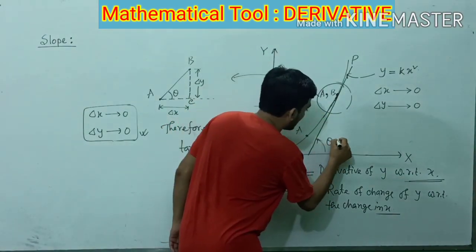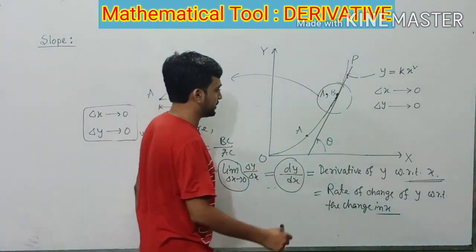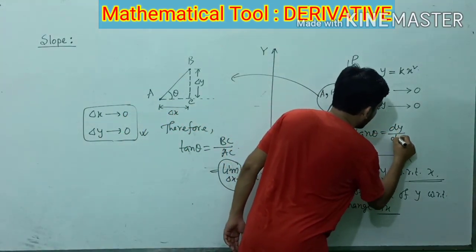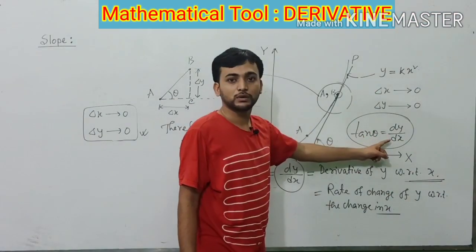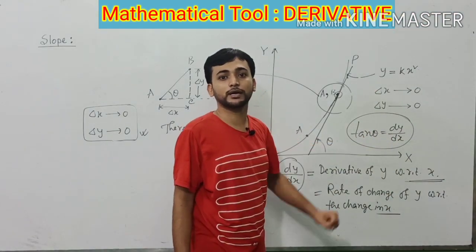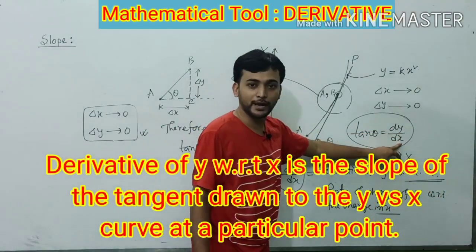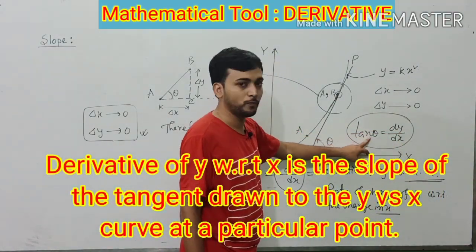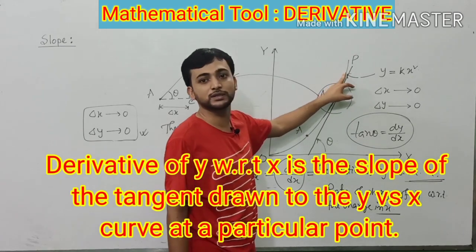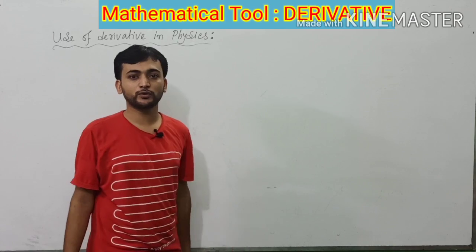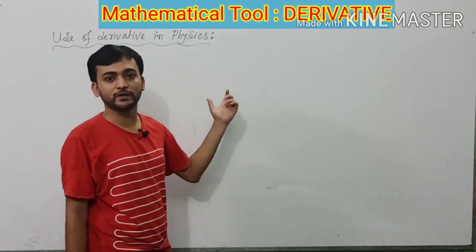Okay, this angle is theta, and here tan theta is equal to dy by dx. Understood? Now what conclusion can we draw on derivative? Derivative of y with respect to x is the slope of the y versus x curve at a particular point. Now I am going to explain the use of derivative in physics.